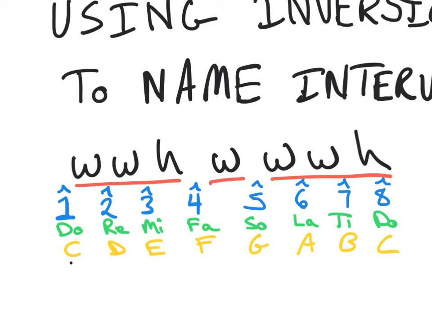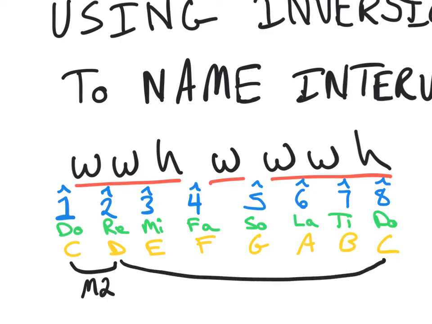So if we have do to re, which is a major second, then re up to do is going to be a minor seventh. Okay? So the inversion of a major second is a minor seventh.